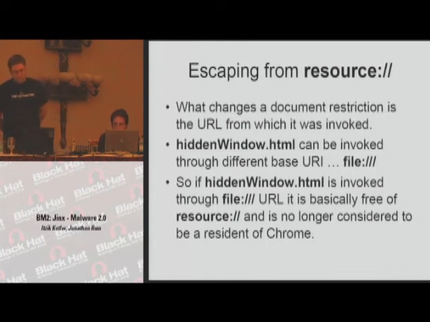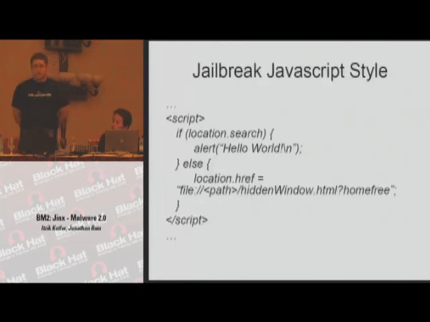As I said before, the hidden window.html file, being a file on the victim file system, allows us to use an alternative URI to be called from, and that's the file one. Basically, we can address hidden window through the file URI, swap the URI handlers, and get reloaded, this time as a perfectly innocent file.